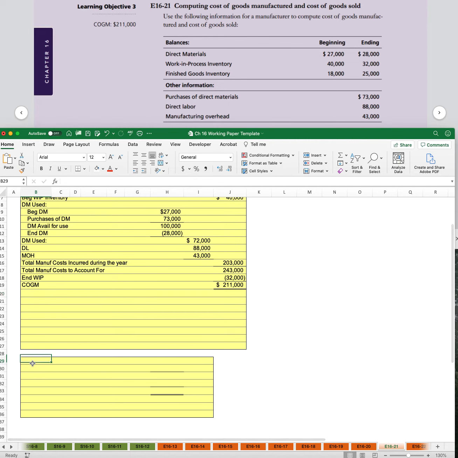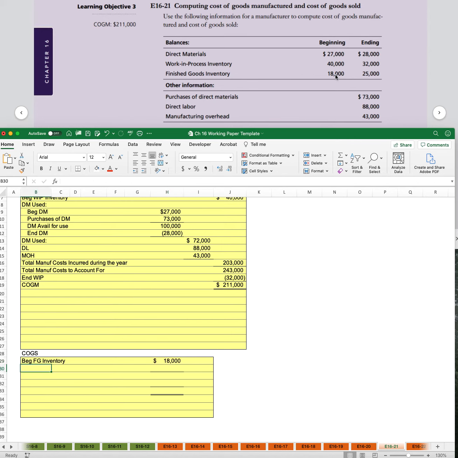And so for our cost of goods sold, we're going to start out with our beginning finished goods inventory, which is listed here as 18,000.